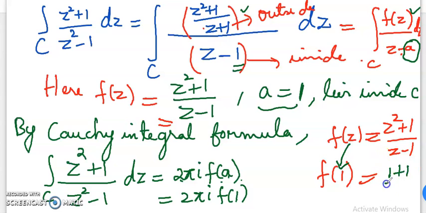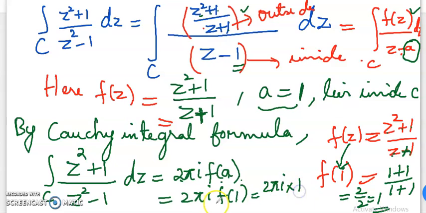So 1 plus 1 by 1 plus 1, that is 2 by 2, that is 1. So we substitute into 2 pi i. What is f of 1? F of 1 is 1. So the answer is 2 pi i. Our integral value is 2 pi i.